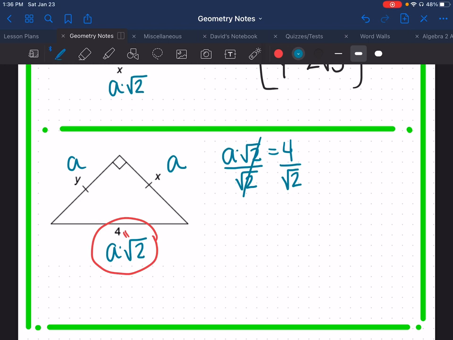Don't worry. What we're going to do is called rationalizing the denominator, which means you're going to take the denominator of the square root of 2 and make it into a fraction over itself, just like so. You are now going to multiply in the normal way that you would multiply fractions, which is numerator times numerator, top times top, bottom times bottom.